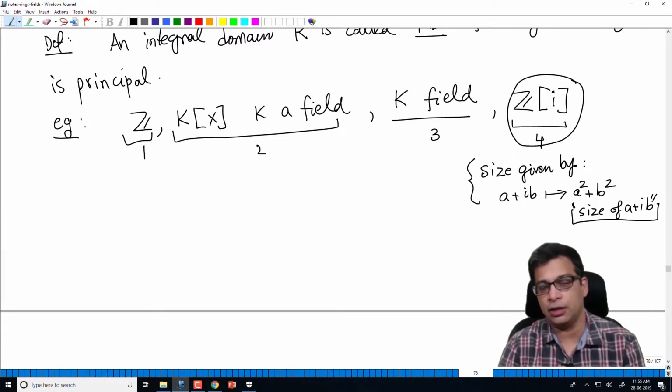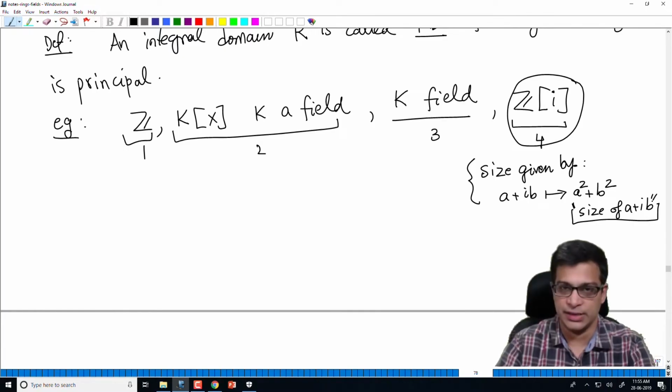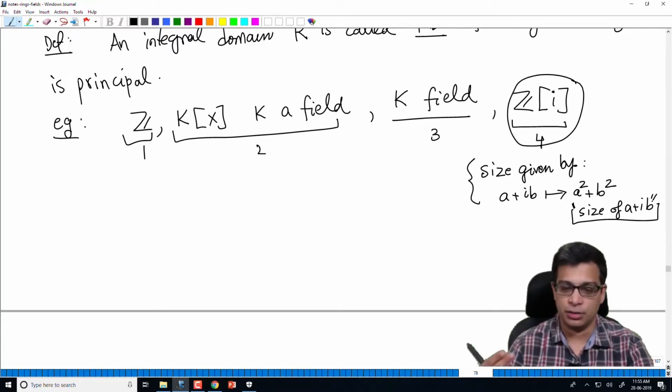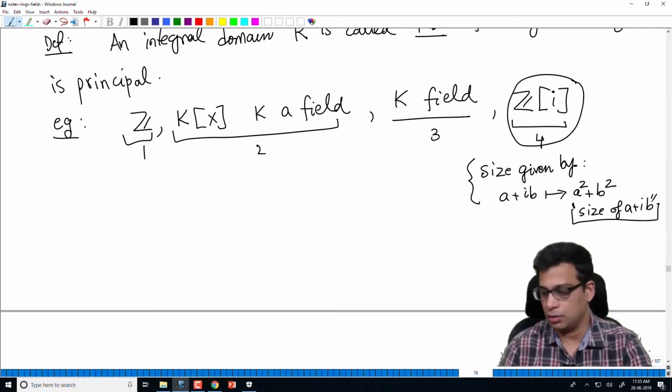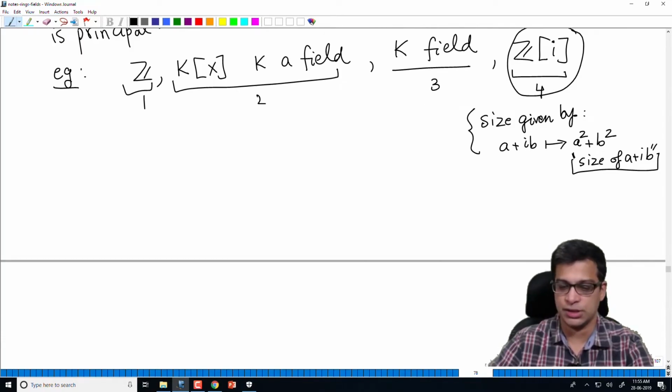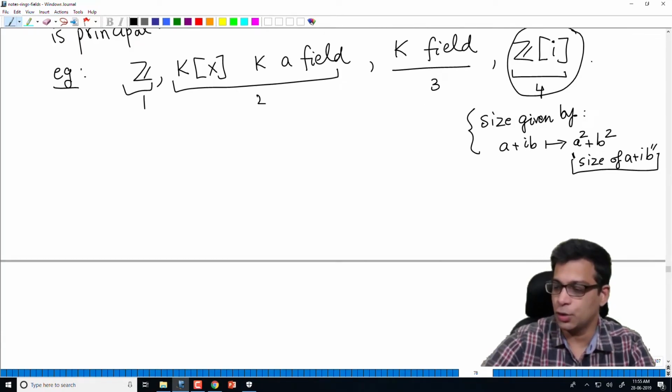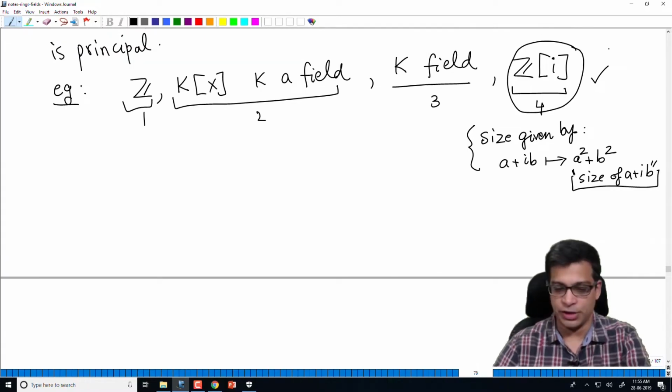Given any ideal, if it is the zero ideal, we are done. If it's not, pick an element with the smallest size. Then argue that every other element is a multiple of this by dividing the two elements. So we can carry out the division process exactly as in the case of integers or in the polynomial ring. This is a useful example of a principal ideal domain.